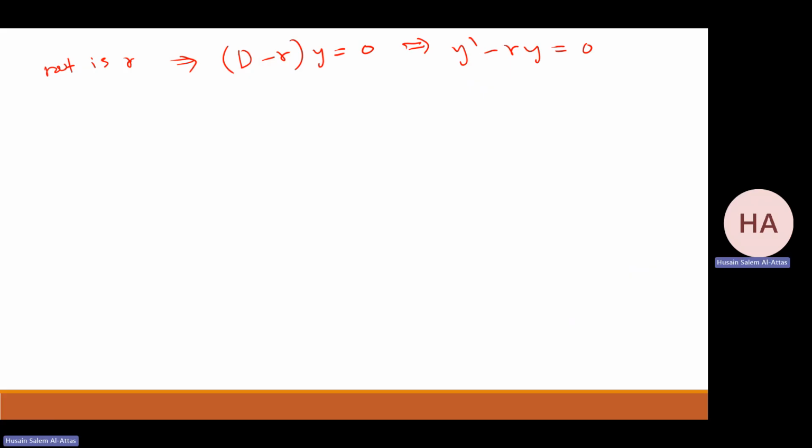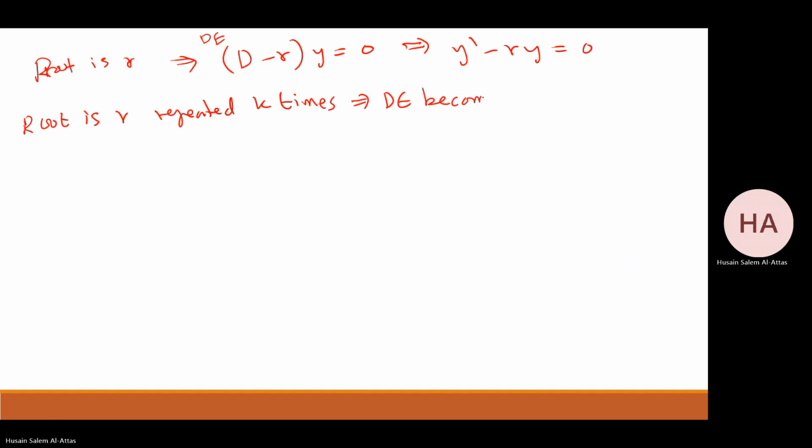If the root is r repeated k times, what will happen? Then what will be the equation? This is the differential equation in operator format.